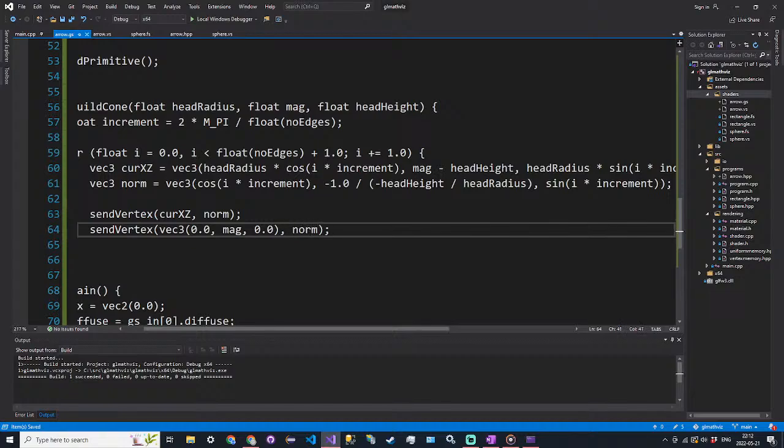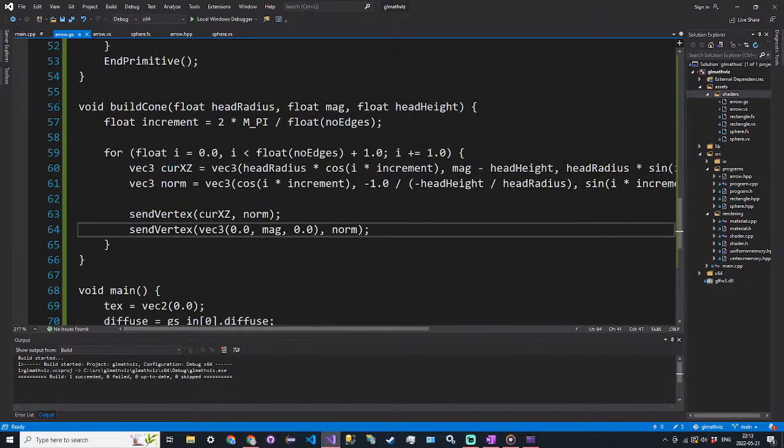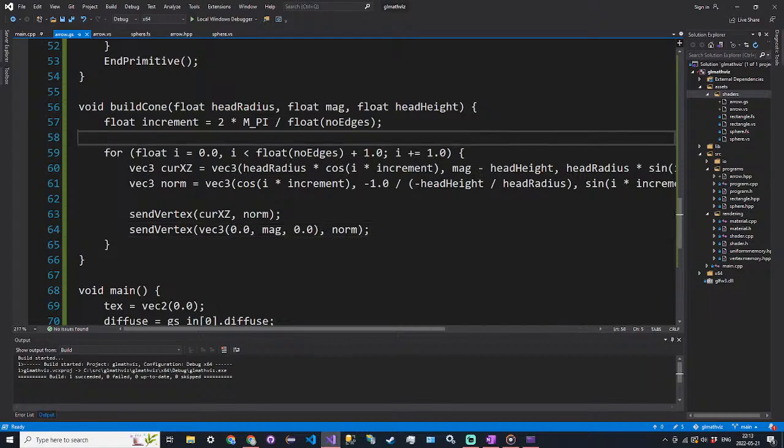We're just going to assume that they have the same normal vector. We're assuming the tip of the arrow in its untransformed form is just on the y-axis at the magnitude. That's why we say 0, magnitude, 0. All right. And a quick optimization here is that we don't want to send the head every time, just because it's not efficient.